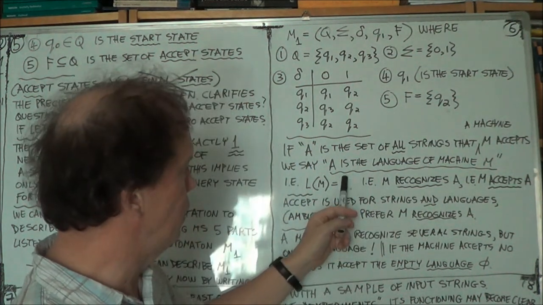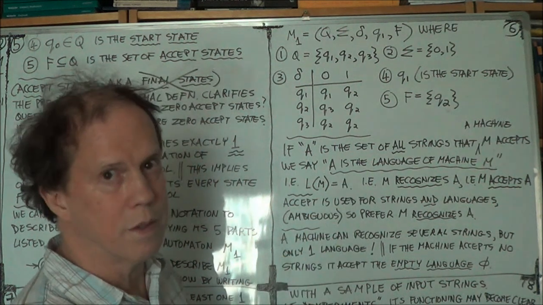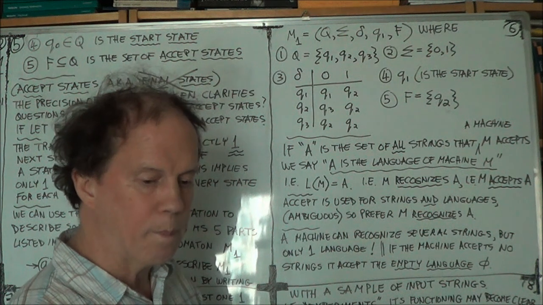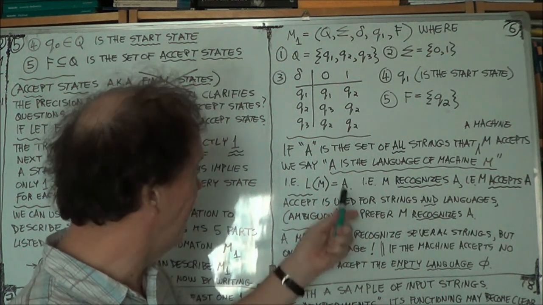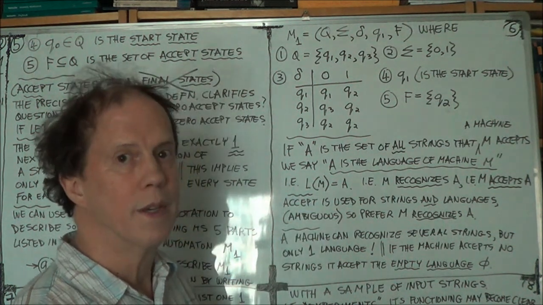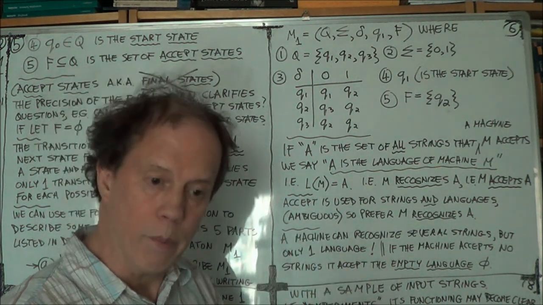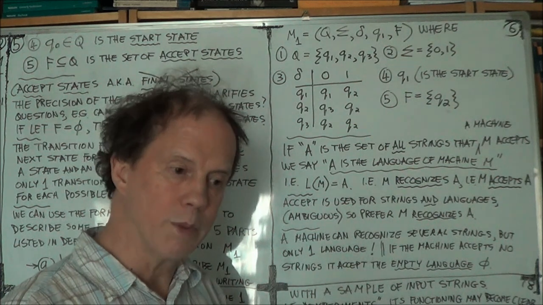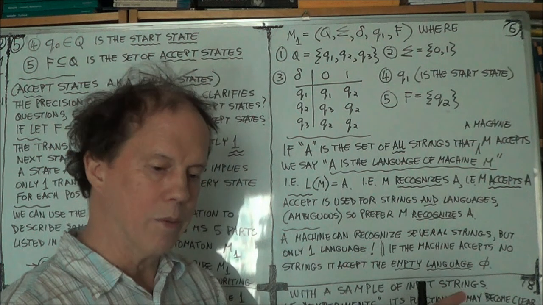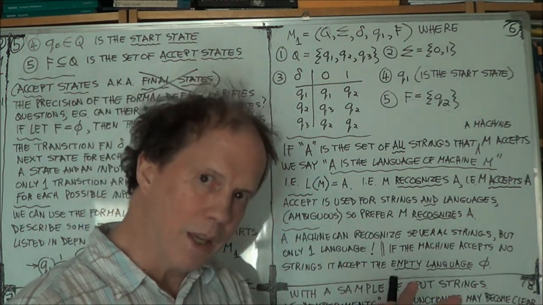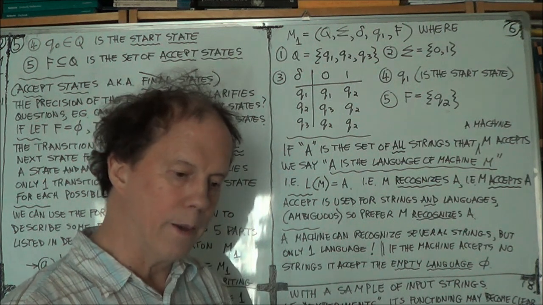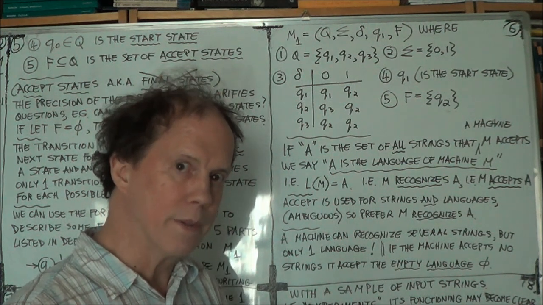But if you're given a description of all the input strings of A that this machine M accepts, then you know the job of the automaton. It's recognizing that language. It's accepting all that language's input strings, all its members. Okay?